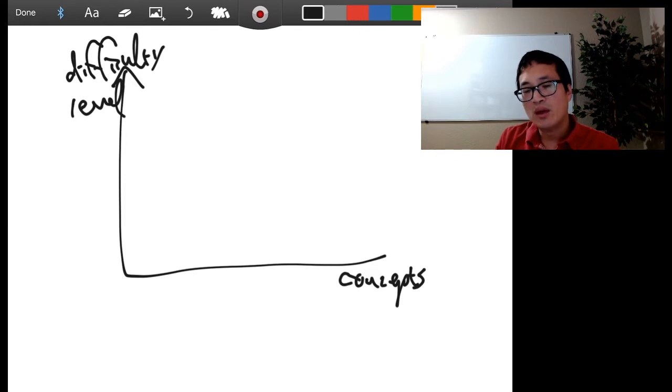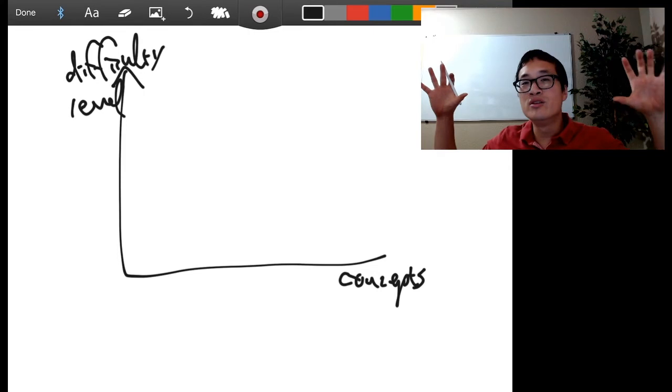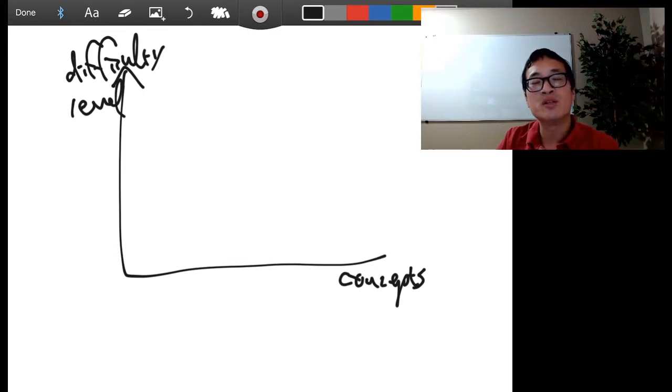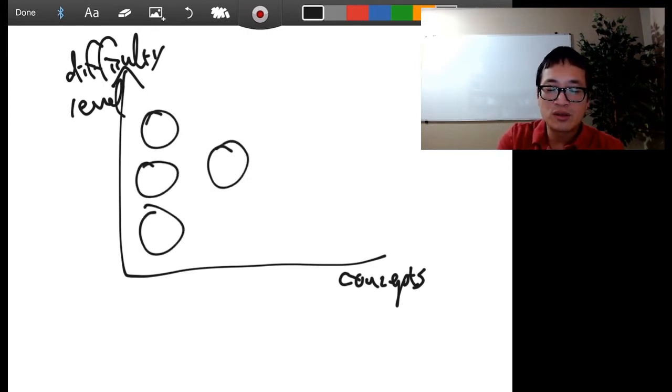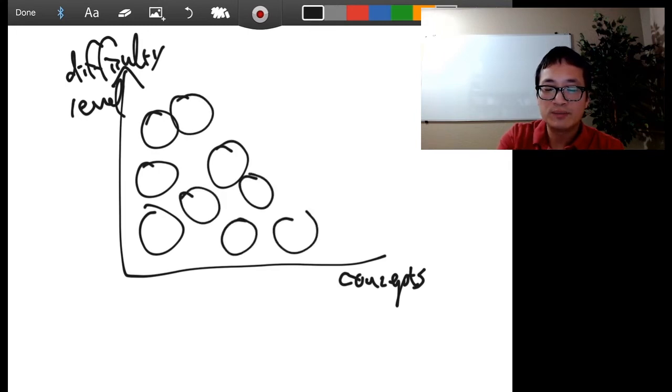For example, if you go into any programming language official documentation, or it could be any framework or library documentation, you're going to see hundreds and hundreds of concepts introduced. They're not going to tell you the difficulty level. But anyway, if you were to draw it out, it will probably just look like a bunch of circles everywhere.